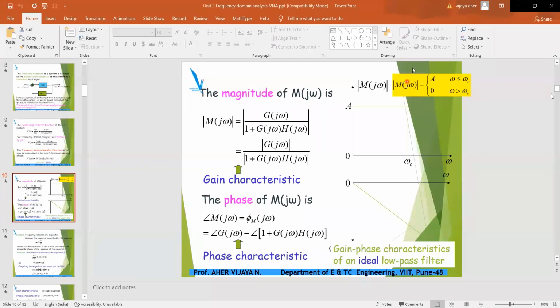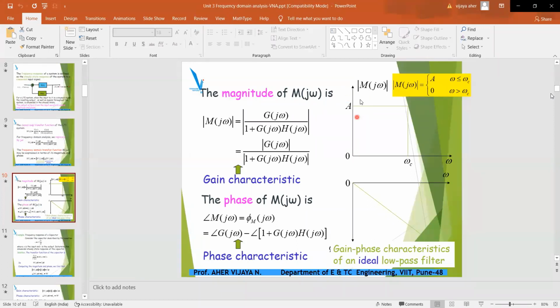Just by observing this equation, you will come to know which type of response this is. You will be able to recognize which circuit this response belongs to, if you have studied the filter circuits. Now I am going to explain this.